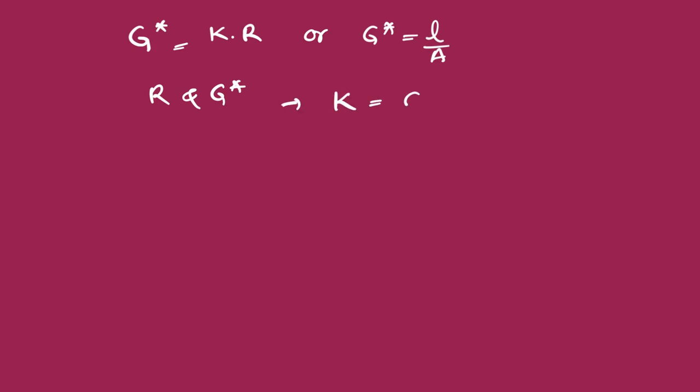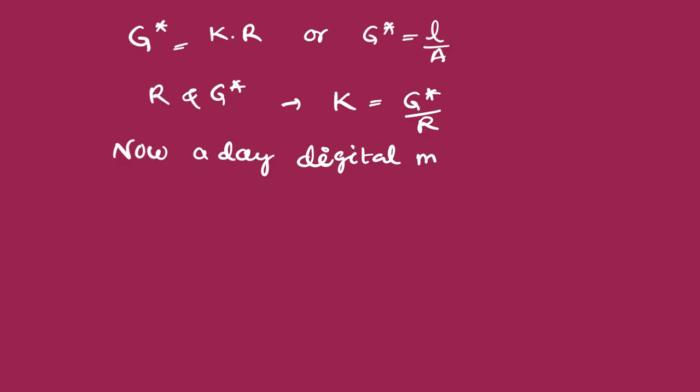The conductivity formula is G star by R. But nowadays, digital meters are used that make it easy to measure the conductivity. They directly read the conductivity values.